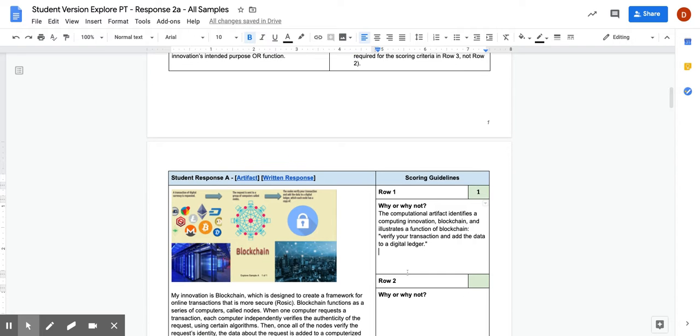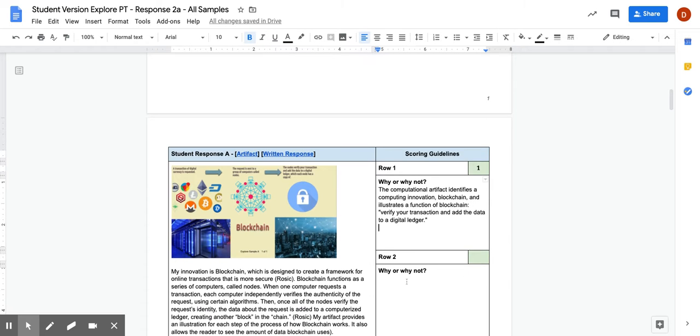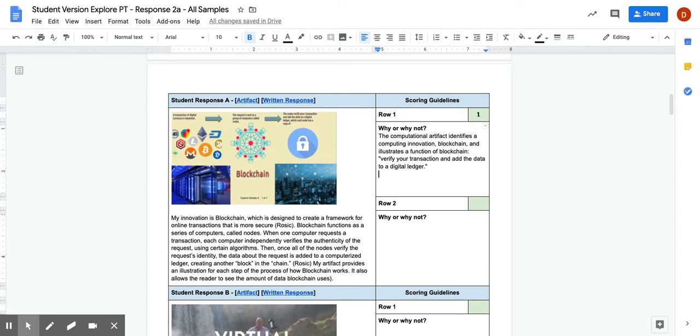Now, row 2. Remember, we are looking at the response for 2A. This is what they wrote for 2A. My innovation is blockchain, which is designed to create a framework for online transactions that is more secure. Notice here they're referencing something. This is in-text references, which is part of row 8. Then it says blockchain functions as a series of computers called nodes.